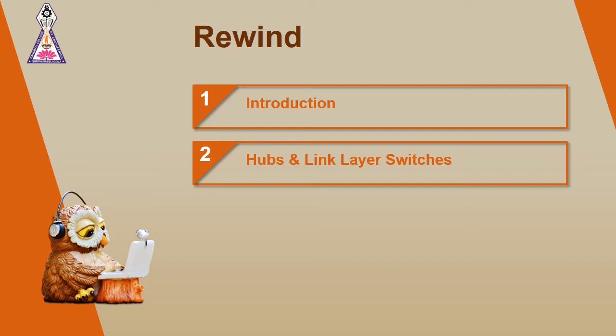Whereas the link layer switches perform regeneration at the physical layer, and perform the filtering at the data link layer by making use of the switching table or the forwarding table decisions.